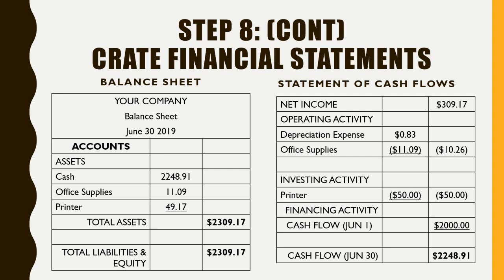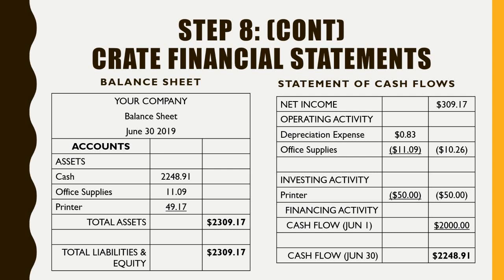Then it's broken down to operating, which is typically your current and other assets, as well as your current liabilities. Then you're also going to have investing activities, which is usually your fixed assets. And then financing activities are going to be your long-term liabilities.